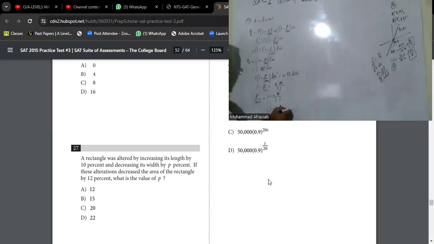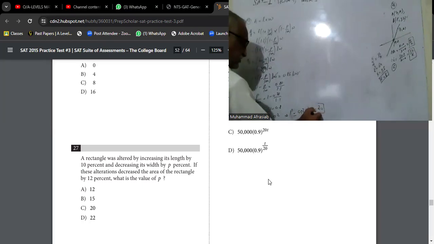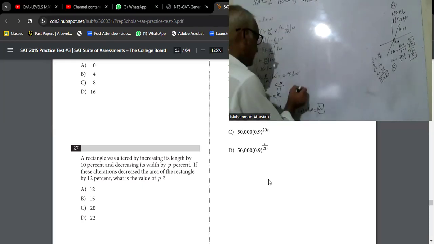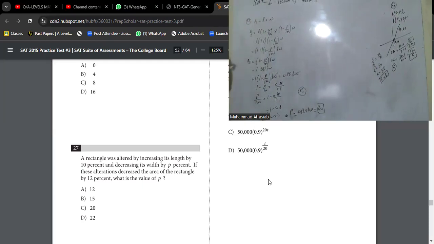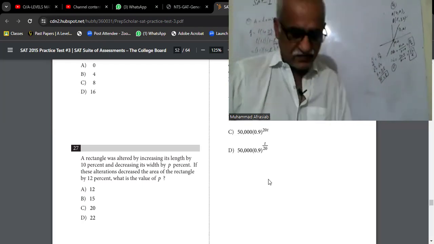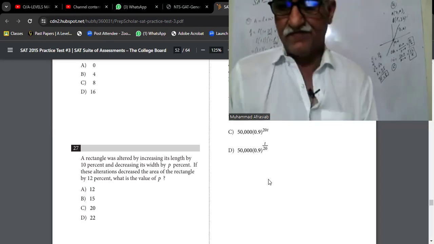So the P value is equal to 0.2 into 100, which is equal to 20. So you see that C part is the answer of this question number 27. So 20% is the value of P.